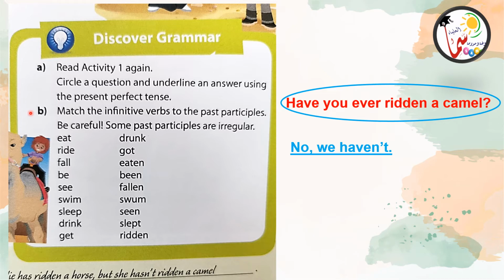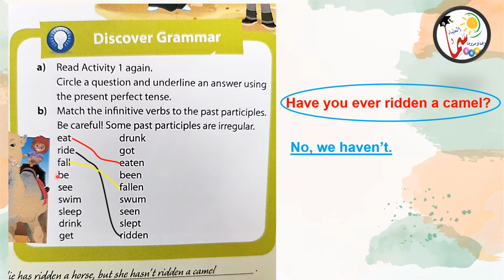Match the infinitive verbs to the past participles. Be careful, some past participles are irregular. We'll start with eat, and the past participle is eaten. Ride, ridden. Fall, fallen.